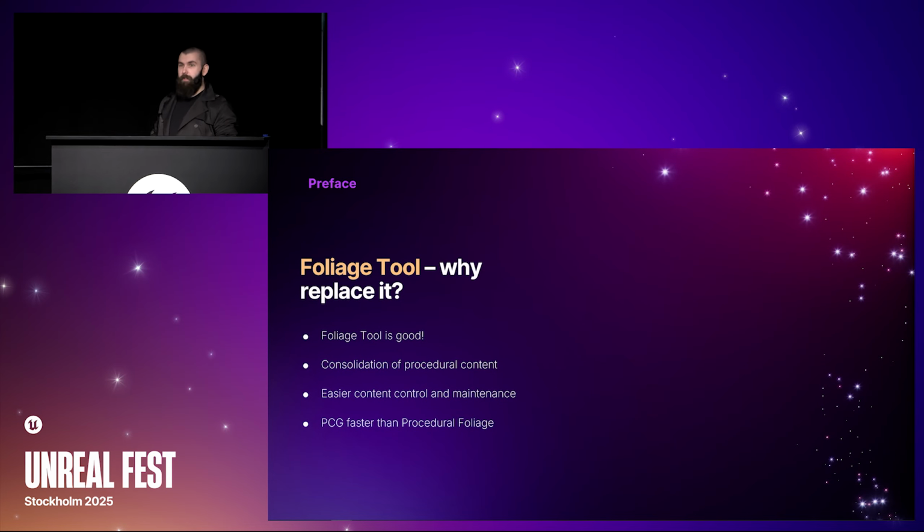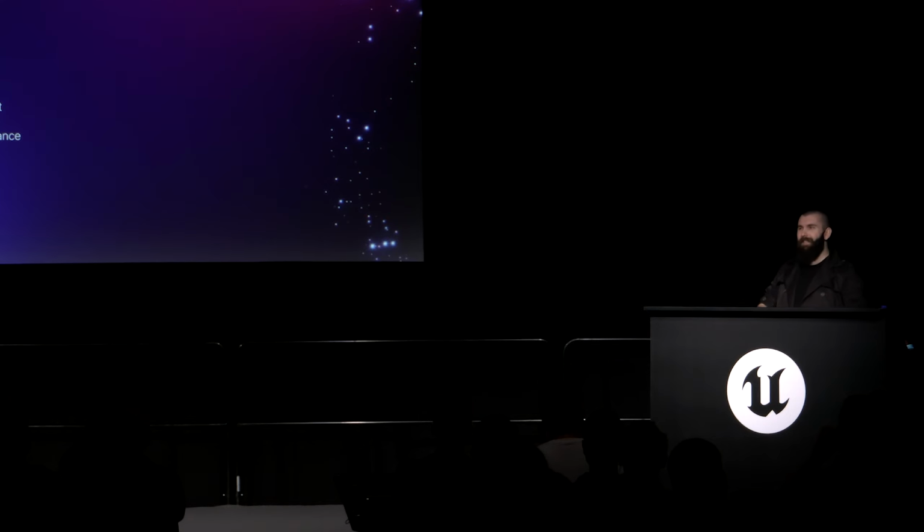So landscape grass with landscapes, you would have foliage tools with procedural foliage, and then you have PCG. And me, as a maintainer on the project of all those systems, I kind of don't want to go around the 3 different systems and 3 different data types and look out for all of them. So I just wanted to unify them into that one system. And generally, PCG compared to procedural foliage is very fast, unless you are working with, I don't know, hundreds of millions of points being generated.